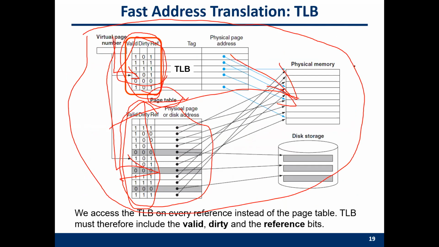The page table records, for each virtual page, whether it is in the physical memory, in the physical DRAM, or on the disk. And at least you need to understand why we need a TLB. The TLB is used to accelerate the translation from a virtual address to a physical address. I hope you can understand this picture.